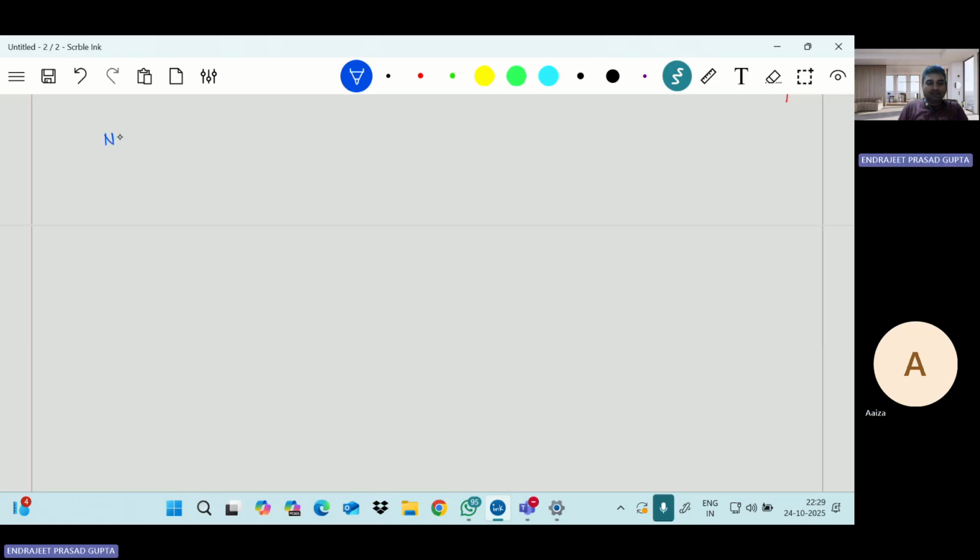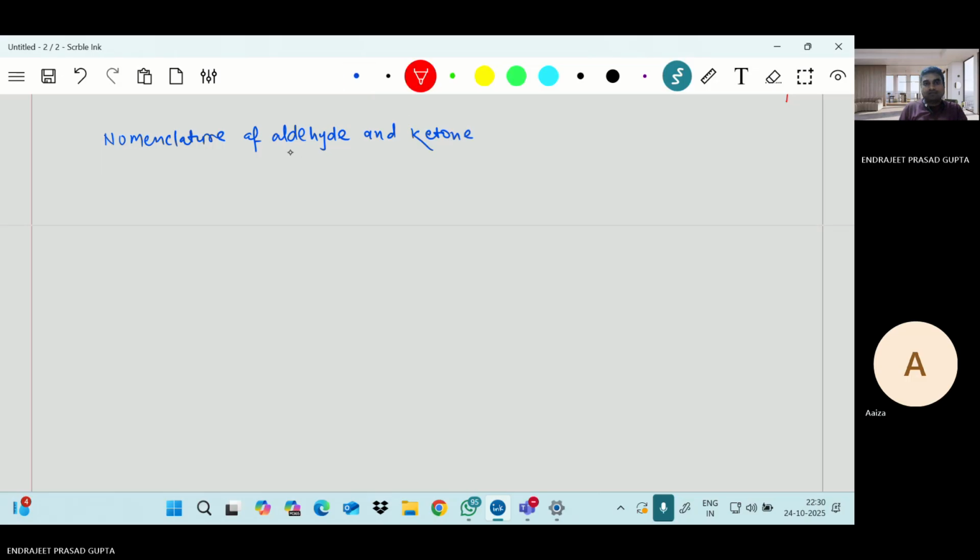So you can see the nomenclature of aldehyde and ketone. Sir, you already told about this ketone and aldehyde nomenclature.